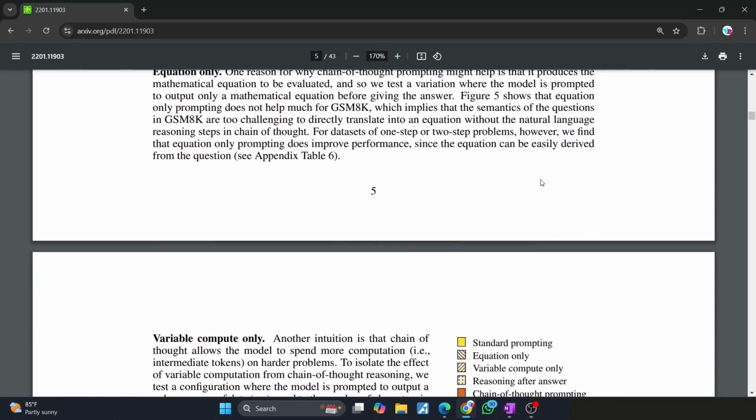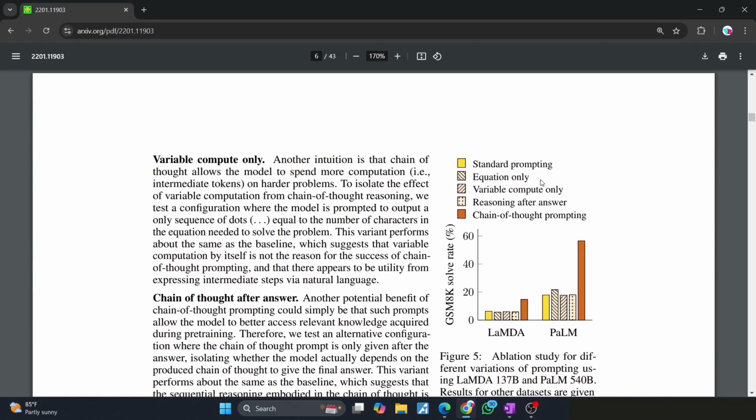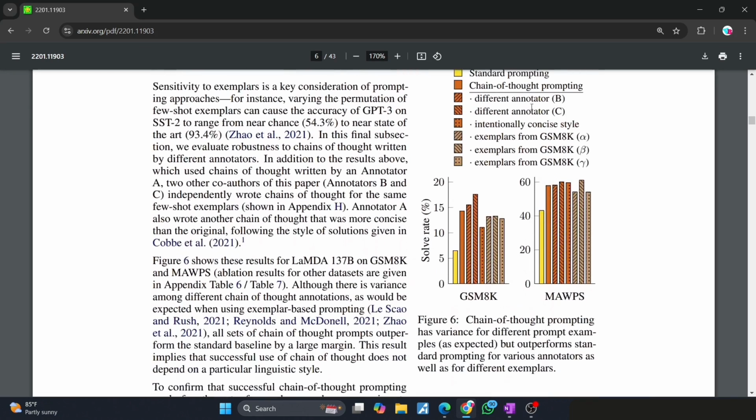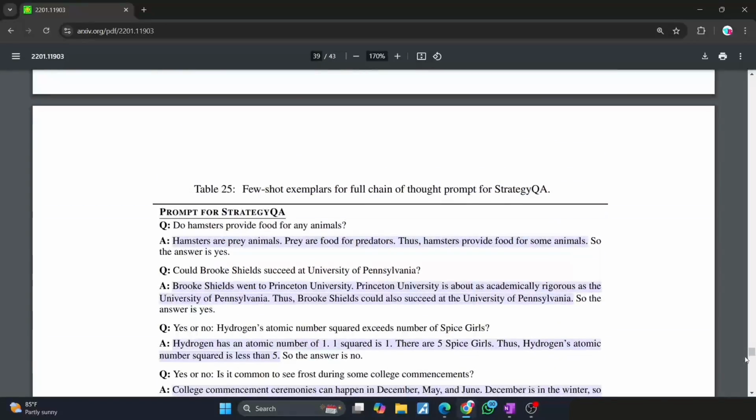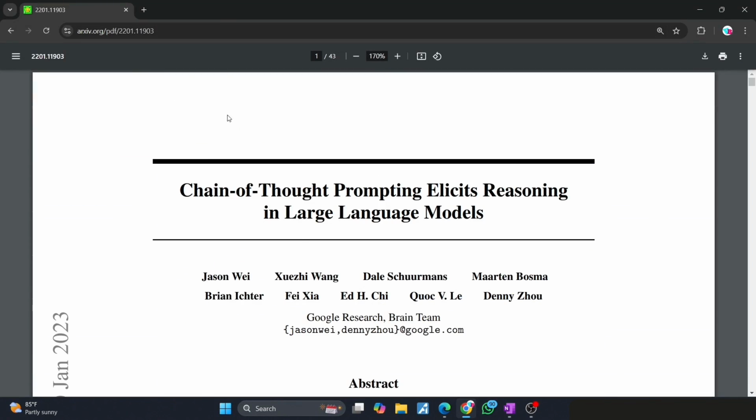In fact, as I told you, if you are interested in what went into this paper, obviously this is a 43 pages long research paper, so you'll have references at the end, but even then it is a pretty decent long paper, right? So if you want to read this, I will attach the link to this paper in the description. Please go through that, right?